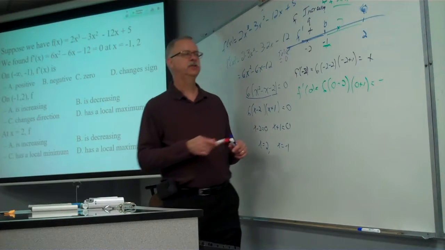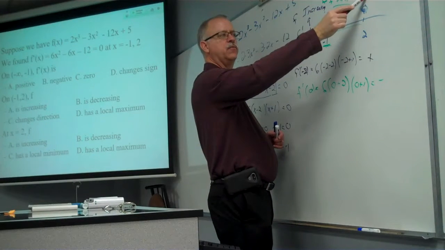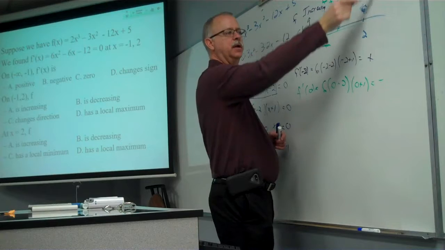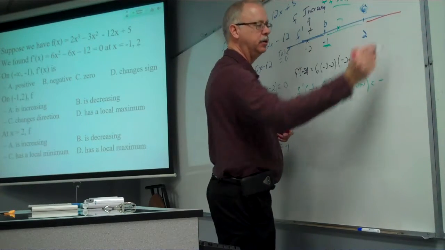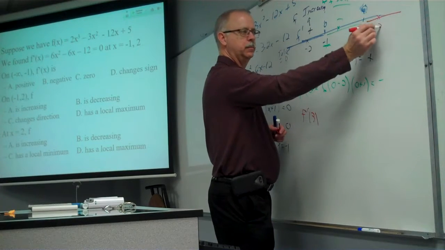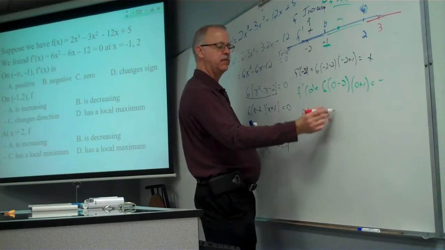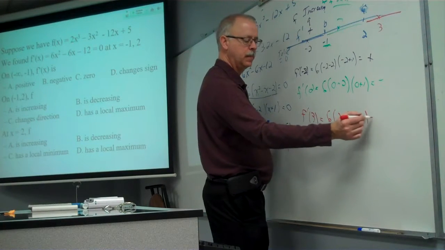Well, at 2, the function has leveled off, so we're headed down, we level off. We don't yet know what's happening after, so we really need to look at what's happening after. So let's look at the derivative, say, at 3. At 3, the derivative is 6 times 3 minus 2 times 3 plus 1.